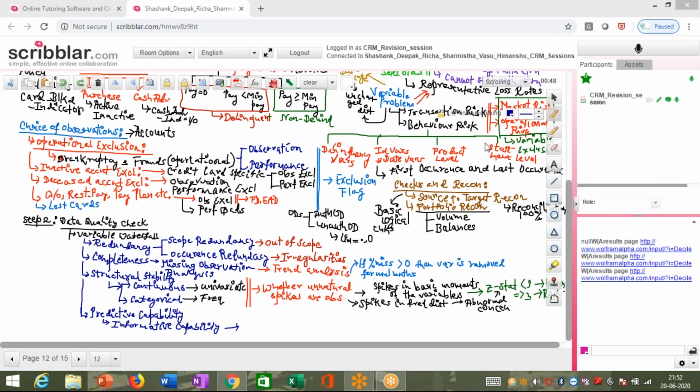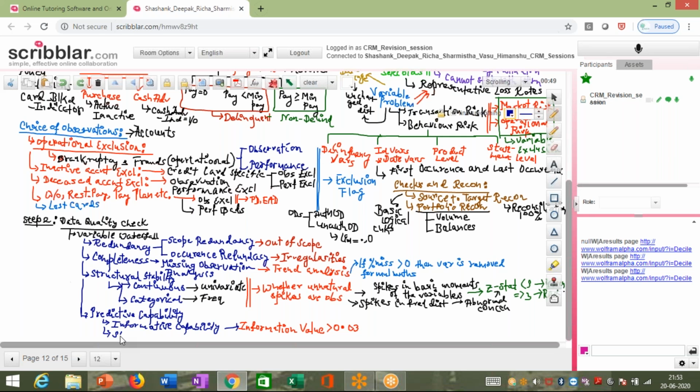Whether the variable is statistically significant or not. When I talk about statistical significance, I would also be including sign ambiguity and the variable contribution. So this is the statistical significance.